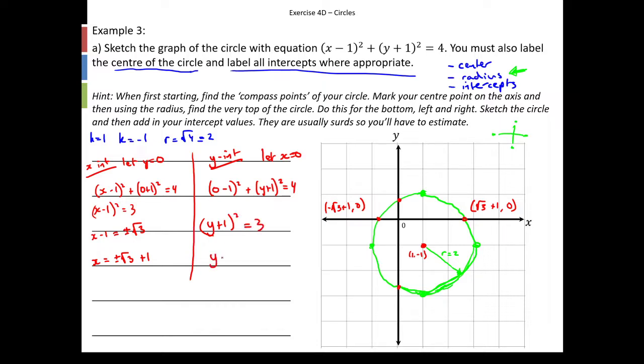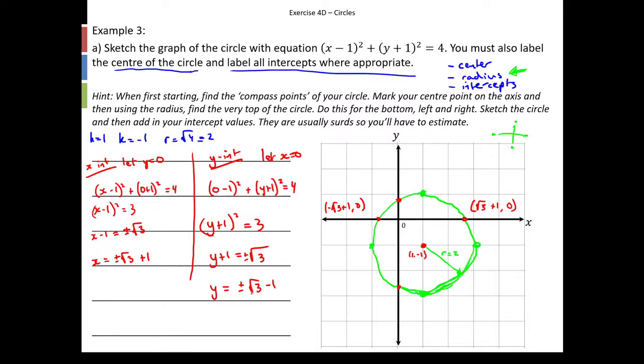So we get the same thing, y plus 1 is equal to plus or minus the square root of 3, y equals plus or minus root 3, take away 1. Okay, so same thing, root 3 is roughly 1 point something, take away 1, that gives you point something, maybe 0.7. That works for that one, happy days.